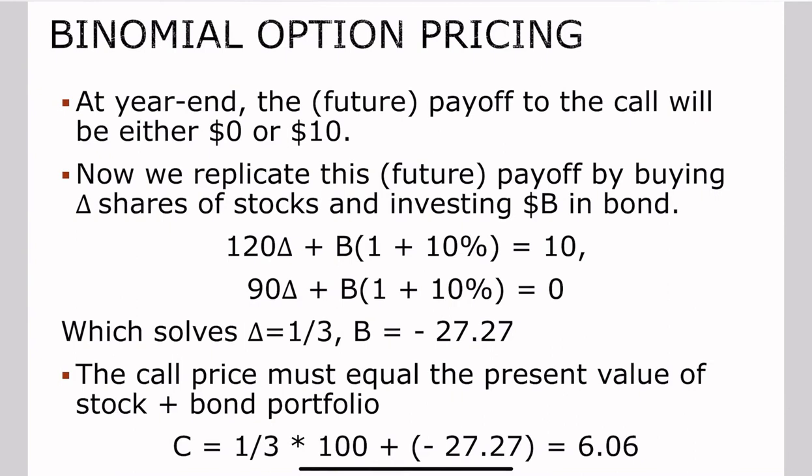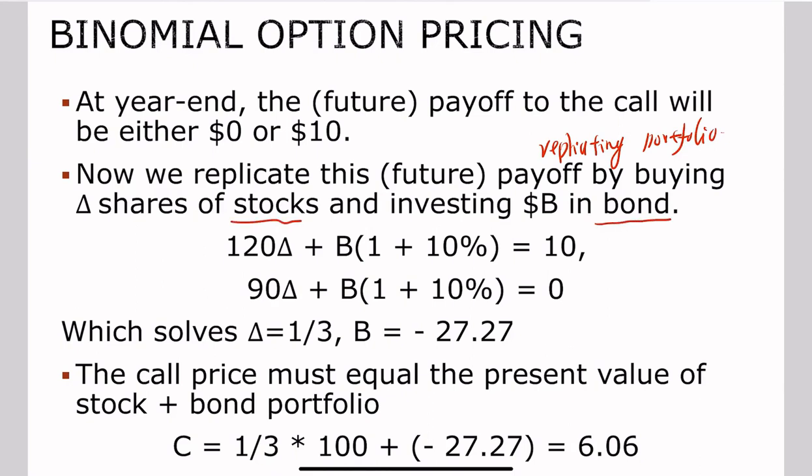Okay, now let's see how we could replicate the payoff. To replicate the payoff of this call, you will build a portfolio. You could call this a replicating portfolio, right? You will buy some stocks and buy some bond.